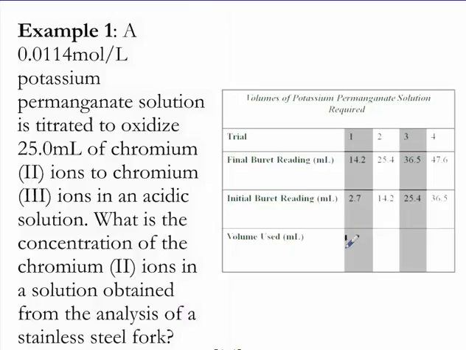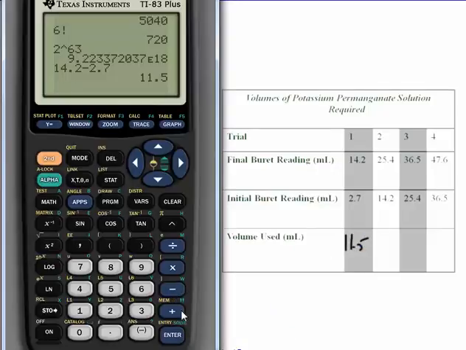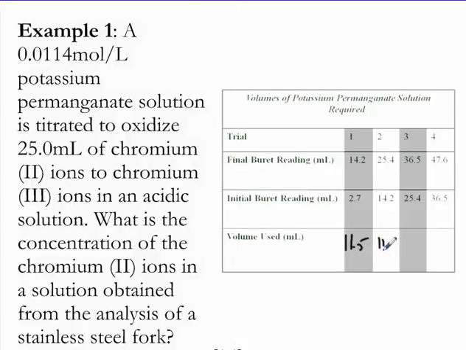So that's 11.5. And so you guys can do the same sort of thing here. 25.4 minus 14.2, 11.2. You know what? I can do these in my head. That's 11.1, and that's 11.1.